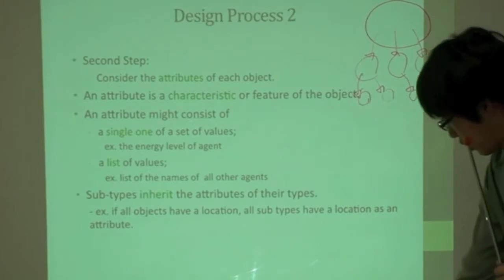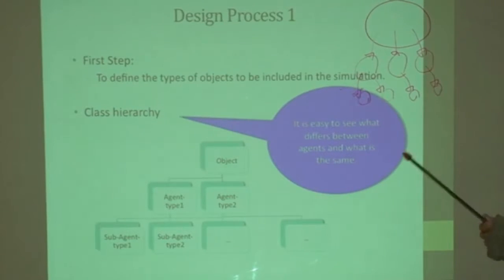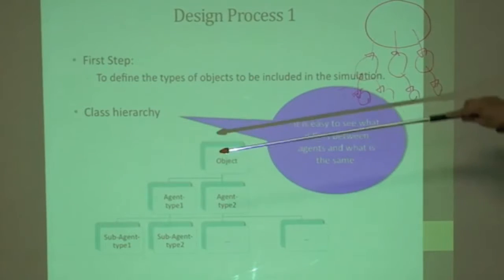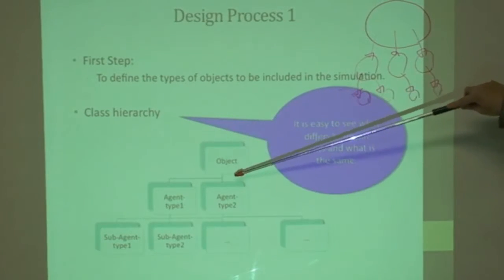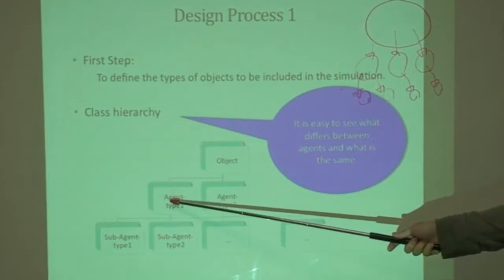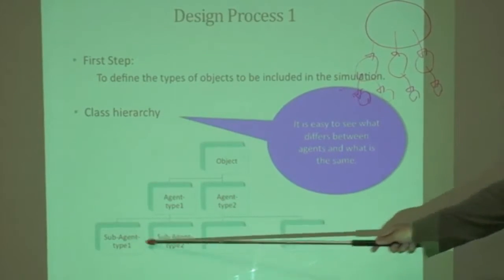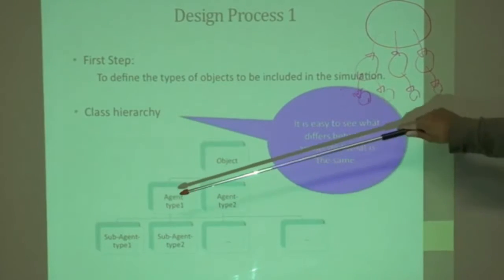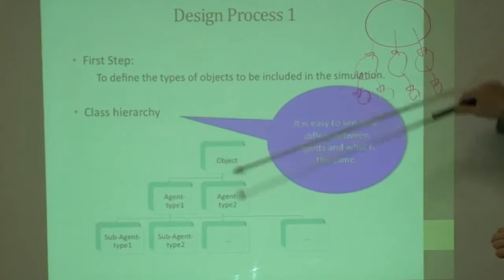I explained this in the class hierarchy. So if this object has the attribute of location, the subclasses, agent type 1 and agent type 2, have a location because they inherit the attribute of this object.